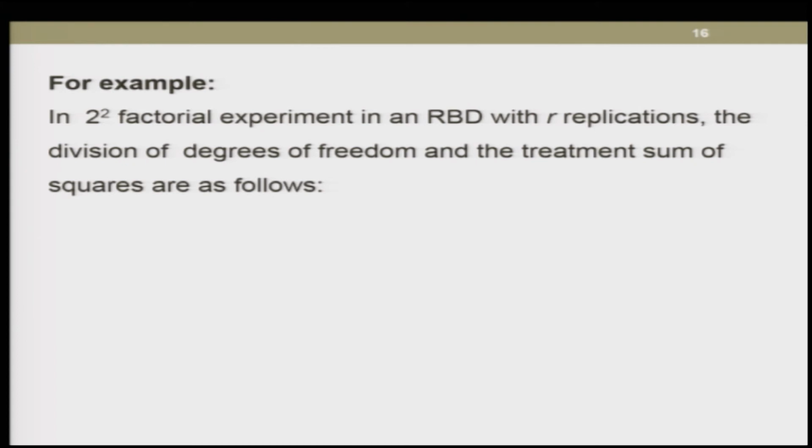Now, I would try to show you one very interesting thing, and this will indicate why the factorial experiment is useful. So, I will take an example of a 2 square factorial experiment, and I will write down the analysis of variance which you obtain from an RBD when no factorial experiment is used.